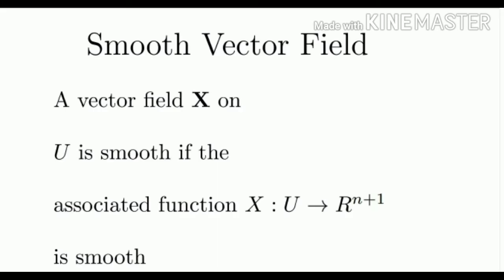Now we can define a smooth vector field. A vector field X on an open set U in R^(n+1) is smooth if the associated function x from U to R^(n+1) is smooth. For example, consider the interior of the rectangle (0, π) × (0, π).